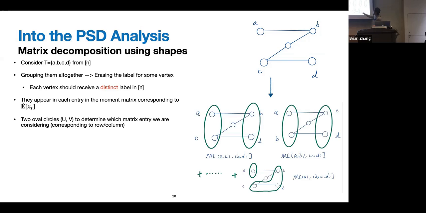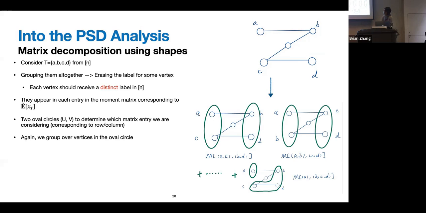For example, they appear in the 2-2 split of the moment matrix, like AC is a row and BD is a column. You can also consider them as some weirder shape, like having A in the row and BCD in the column. So the oval circle is not just oval here, it's going to tell you which indices of the moment matrix you are looking at.